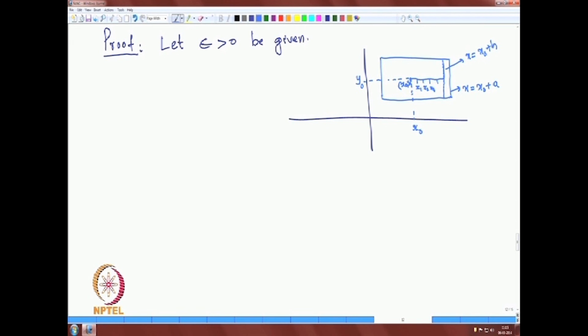From there I again find the slope and make line segments, and join the line segments to get a polygon, and that polygon is an approximate solution. As the mesh, the difference of xi and xi plus 1, is very small, the difference between the actual solution and the approximate solution can be made small. Okay, we will do the details of the proof in the next lecture. Okay, thank you.